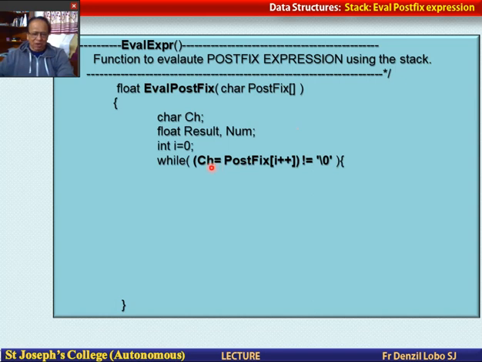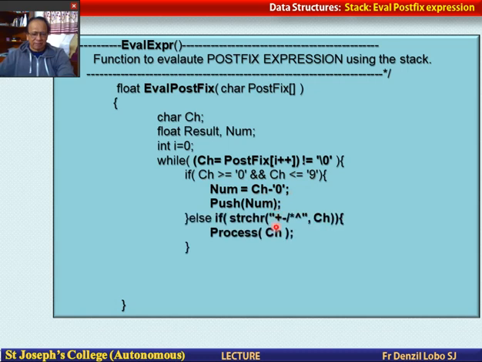As long as we have not reached the end of the postfix expression, I get ch every time, and check whether it is a digit, greater than or equal to 0 and less than or equal to 9. This is the ASCII code it has got. I have to convert that into a number. So I say number is ch minus '0', and then push that number onto the stack.